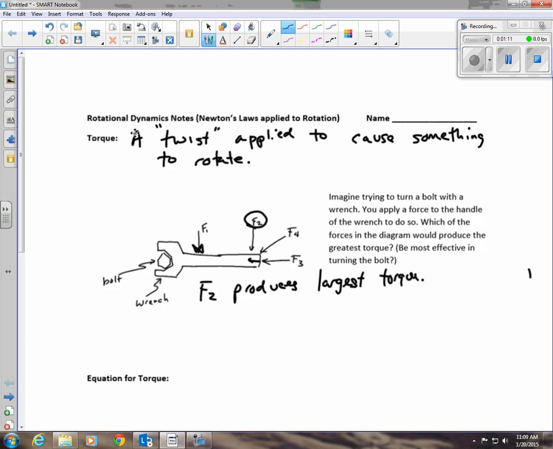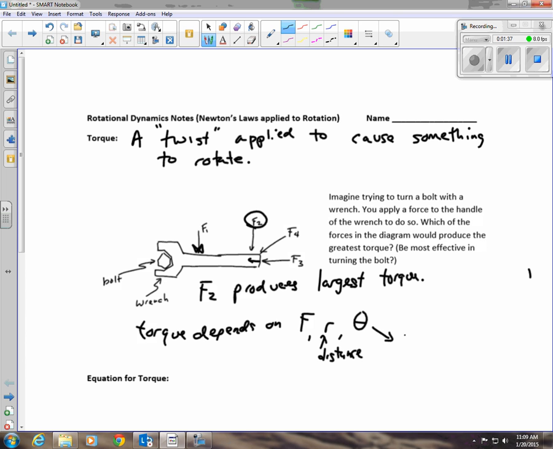So, torque depends on three things. It depends on the amount of force. The harder I push on it, the more it's going to turn. It depends on R, that's the distance from the pivot point. And it's going to depend on theta, the angle between them.